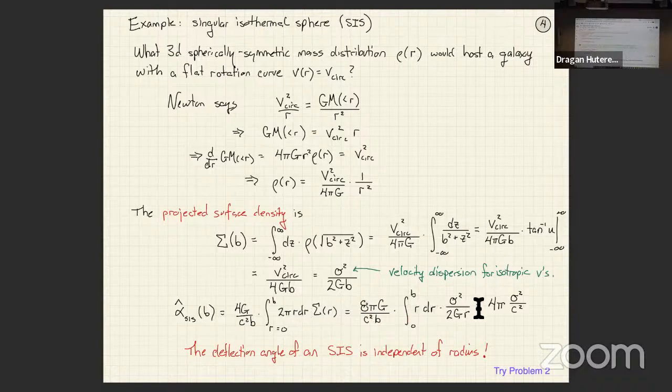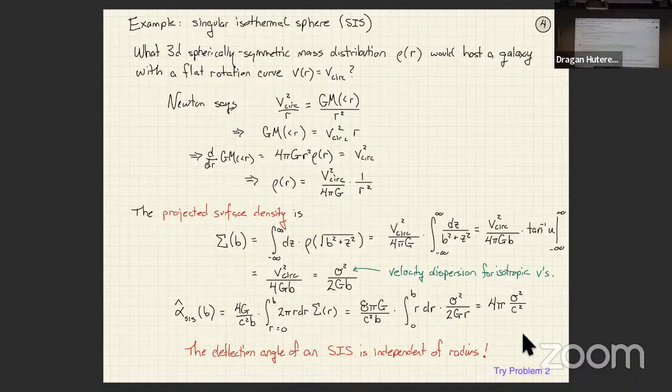And if I do that, it turns out to be something very simple, 4 pi sigma squared over c squared. And you notice that the bend angle then has no dependence on b, on the distance from the center. So this is a magical thing about this SIS that makes it something nice to use for examples, and not too bad for a real galaxy, is that the bend angle is constant.